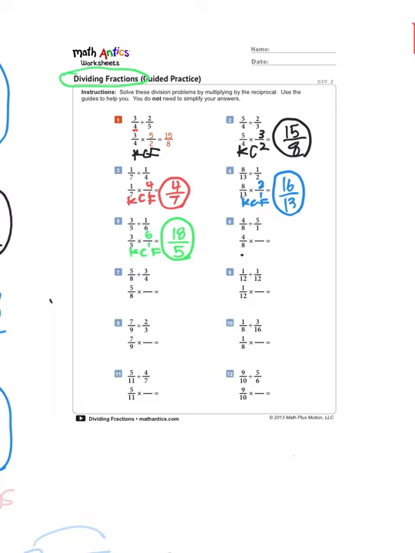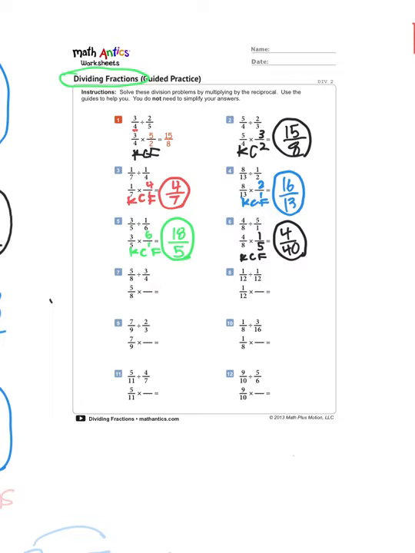We're using the KCF because they've kept the 4/8. We changed division to multiplication. Now we're going to find the reciprocal of our second fraction, which is 1/5. Our final answer here is 4/40.